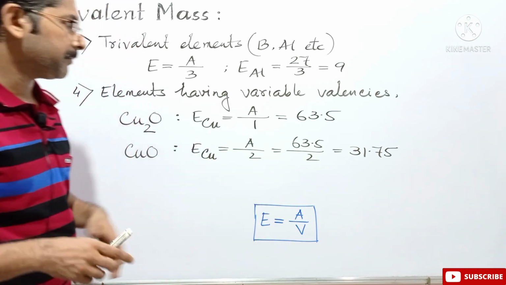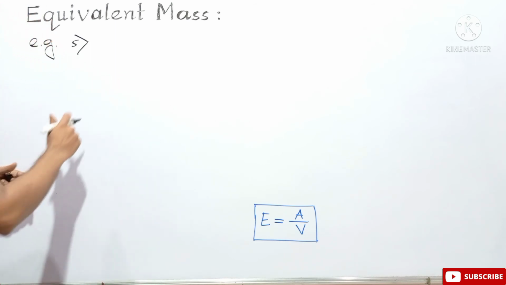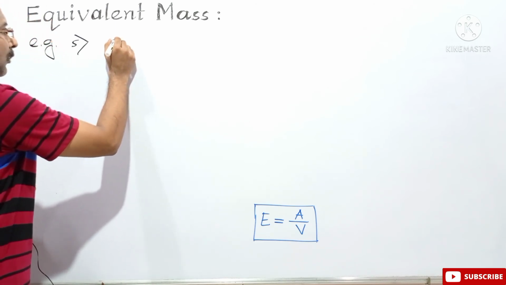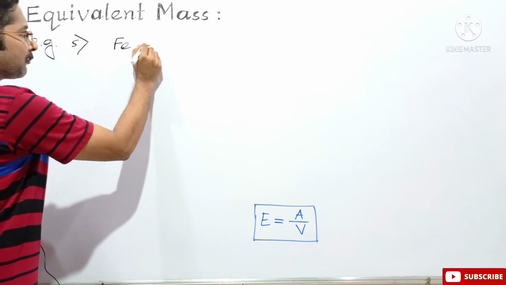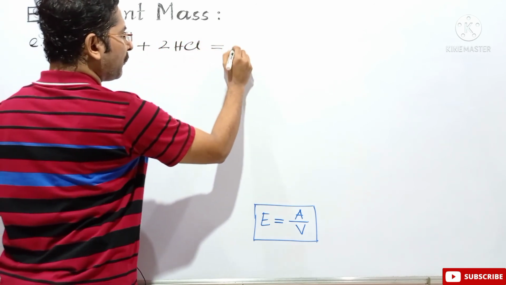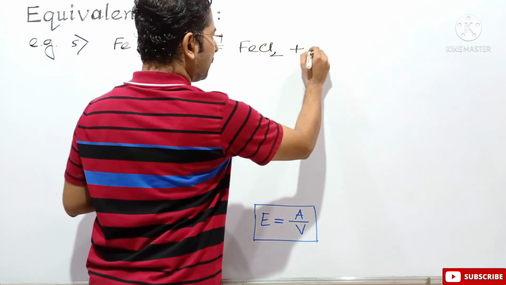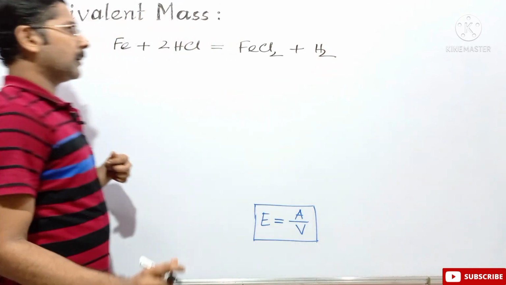Let us take the example of 2 different reactions. Say for example, we know Fe reacts with HCl to form ferrous chloride, FeCl2, plus hydrogen gas.